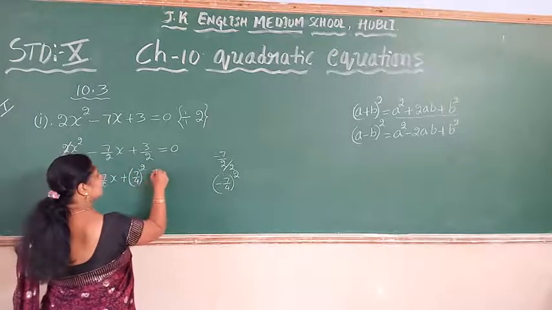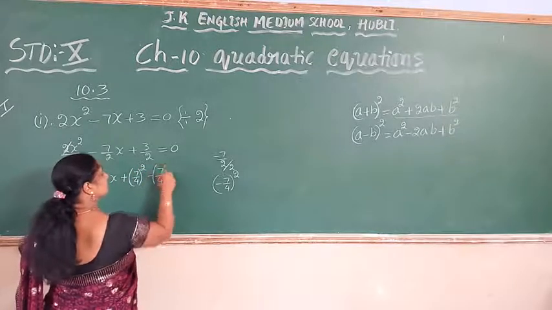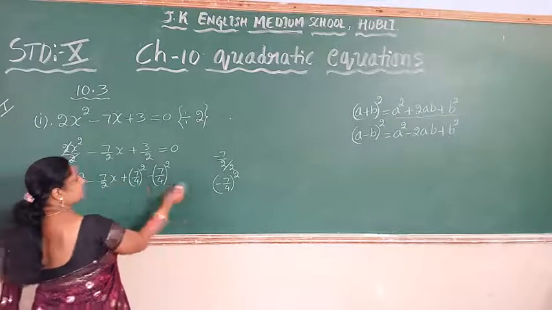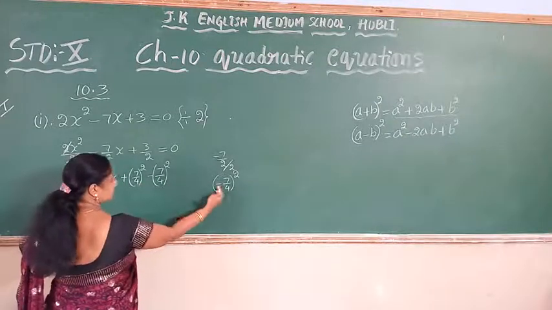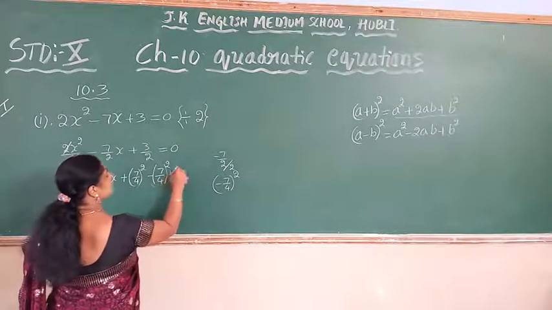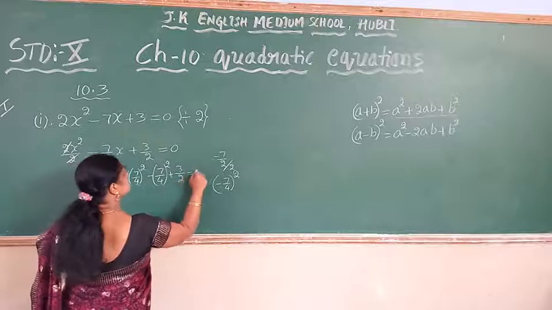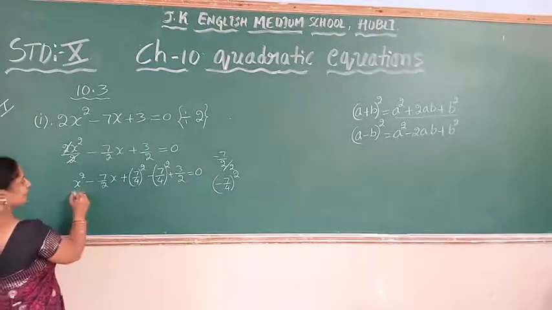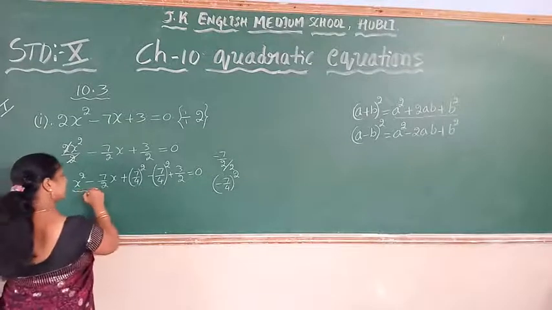Add once and subtract once, the value is not going to change. After writing the second term, divide by 2 and take the whole square, and add once and subtract once. The last constant you write as it is, equal to 0. Then you will observe that it will automatically convert.